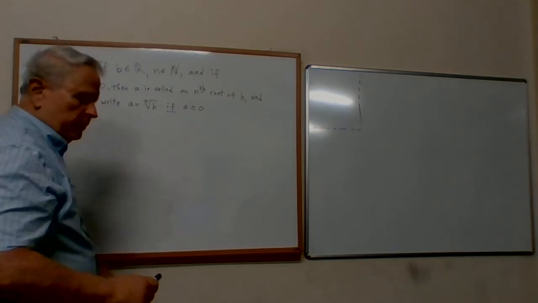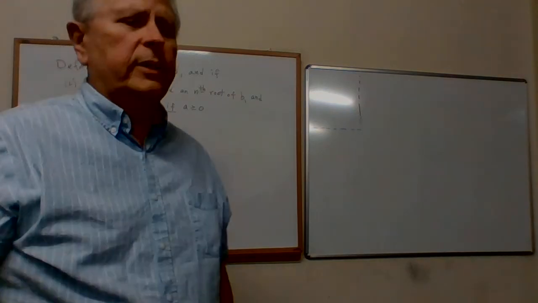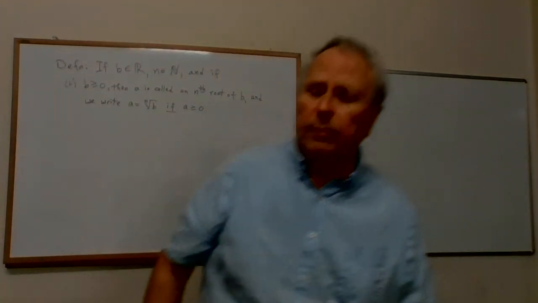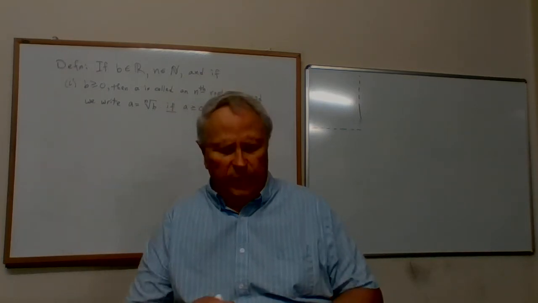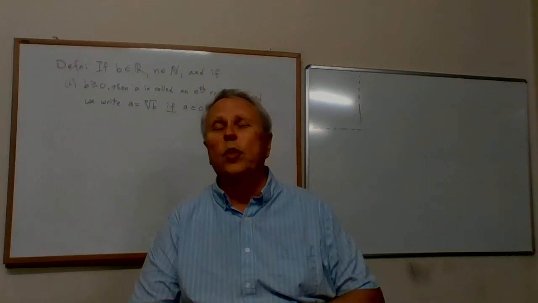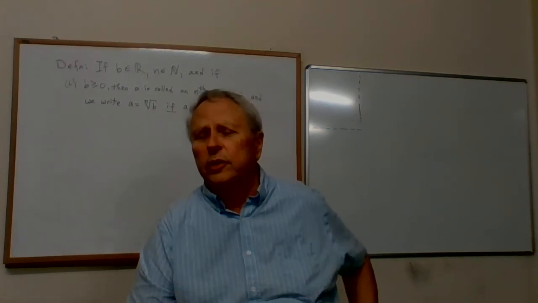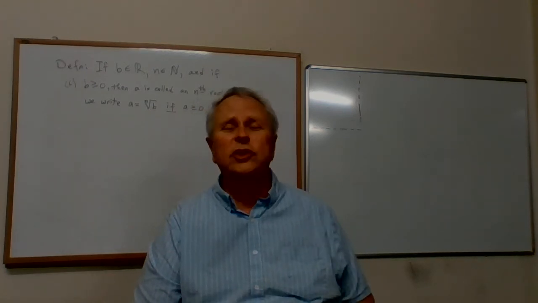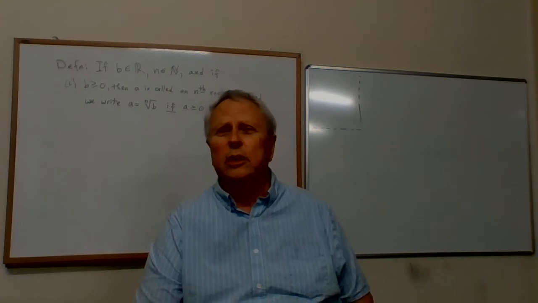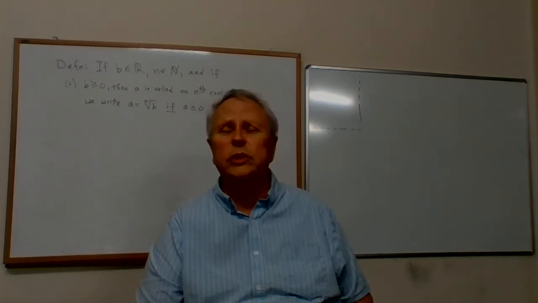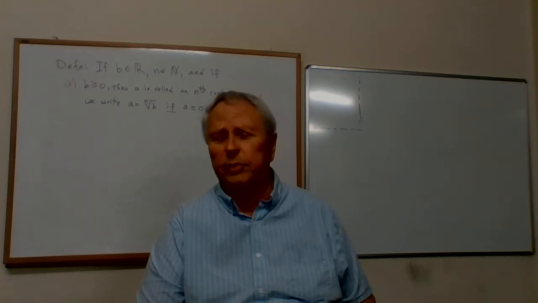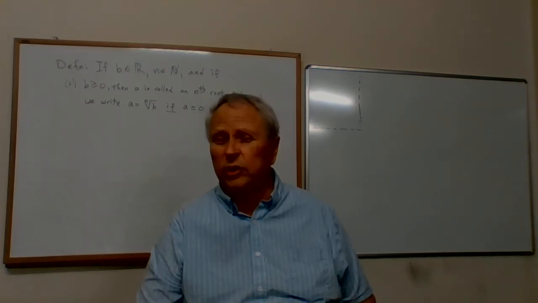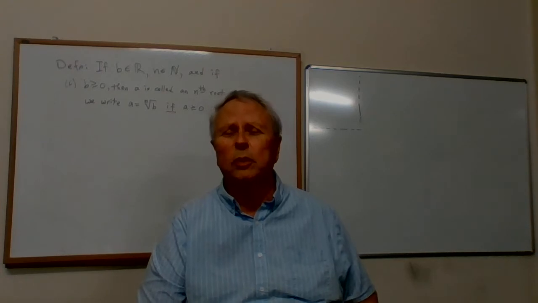I'm going to do case 2 in a moment, but let me talk a little bit about that requirement that a is greater than or equal to 0. If you think about the square root of 4, the square root of 4 we've always been told is 2. It is 2. The square root is unique if there is a square root in the real numbers. And we're going to actually prove that in a few moments.